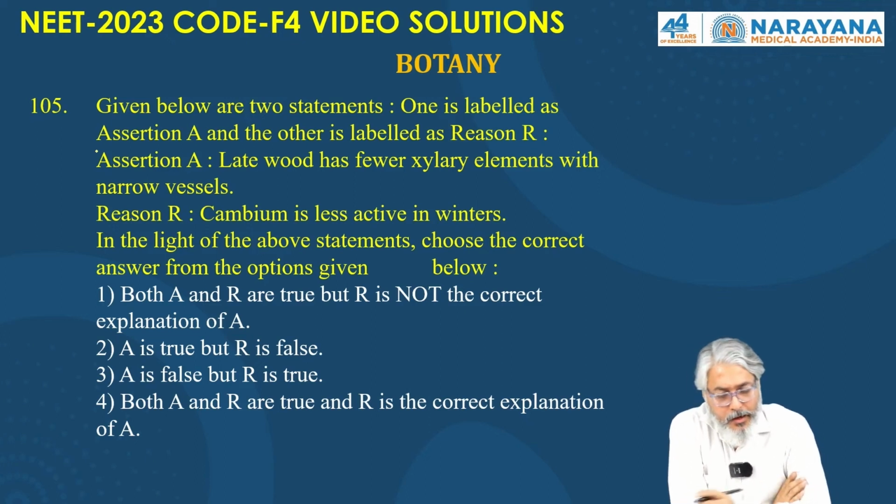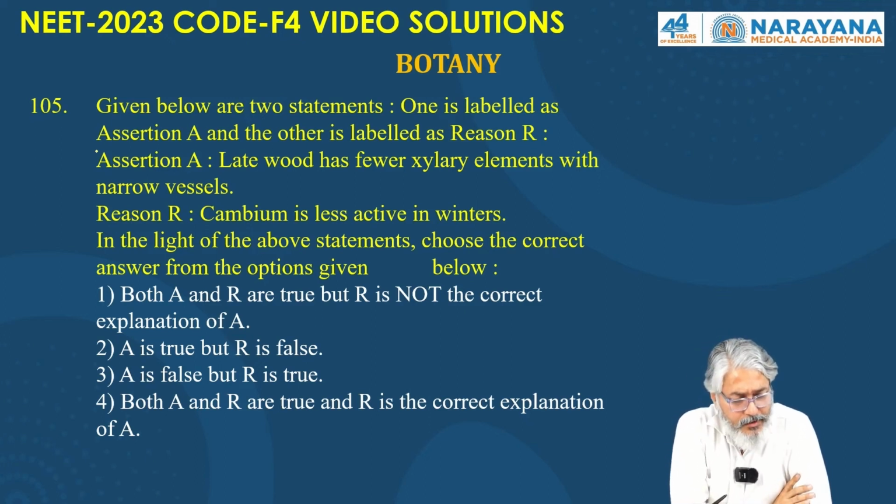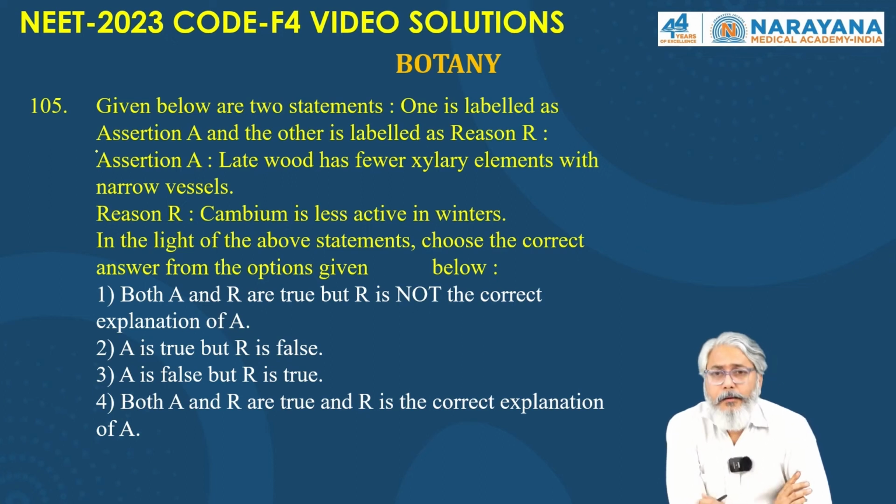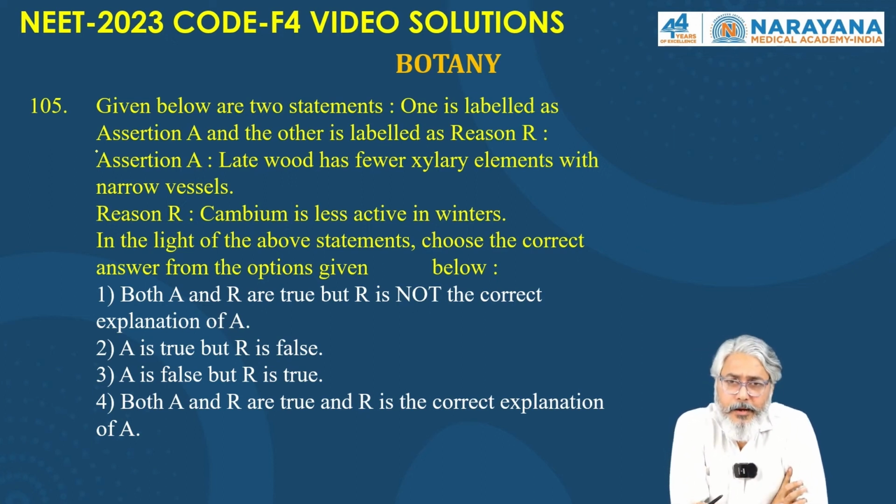So here, late wood has fewer xylem elements with narrow vessels, right? Why? In the winters and in the autumn, in the later part of a year, we can find the activity of cambium is less due to the presence of low temperature and low humidity.